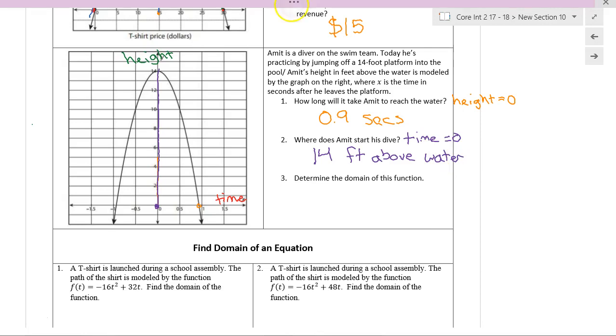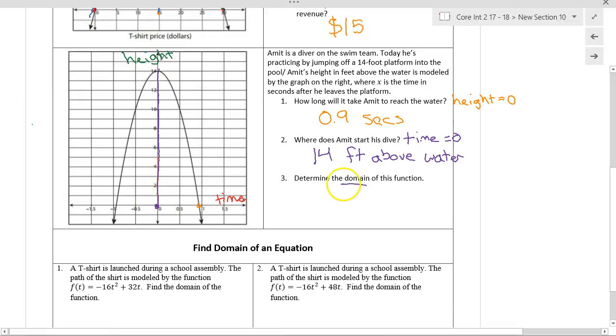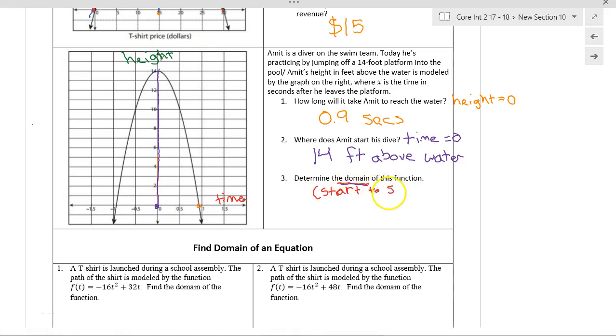In real world context, domain really represents start to finish instead of left to right. But it's always time. So I start at 0 seconds and I stop at 0.9 seconds.